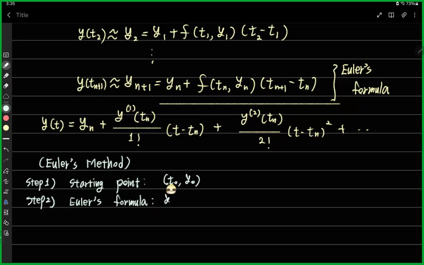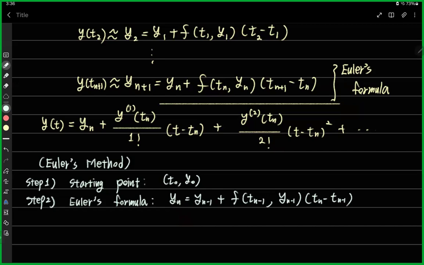So y sub n is equal to y sub n minus 1 plus h times f of t sub n minus 1 comma y sub n minus 1, times t sub n minus t sub n minus 1. We can just say y sub n plus 1, one step up, it doesn't matter.